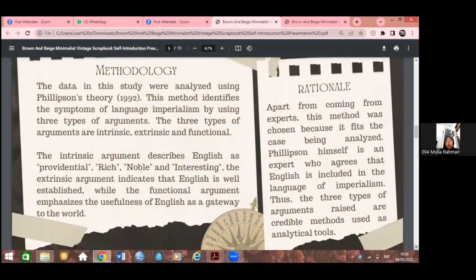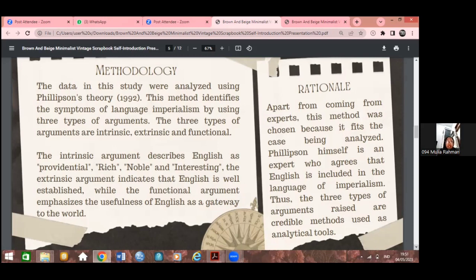The intrinsic arguments describe English as providential, rich, noble, and interesting. The extrinsic argument indicates that English is well established, while the functional argument emphasizes the usefulness of English as a gateway to the world.